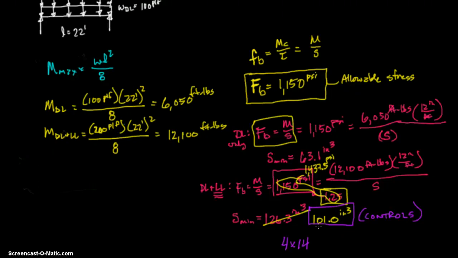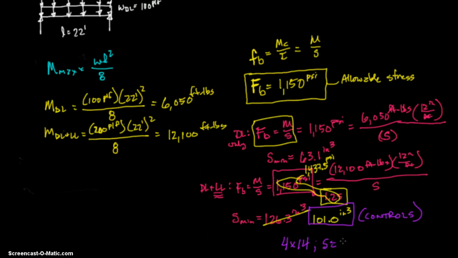There's a 101.3, an 8x14, or a 4x14. I'm guessing that the 4x14 is cheaper. Am I looking at this wrong? Yes, I am. I was looking at the section area. Never mind. Yeah, your 4x14 is going to be your most efficient section, which is 102.4.